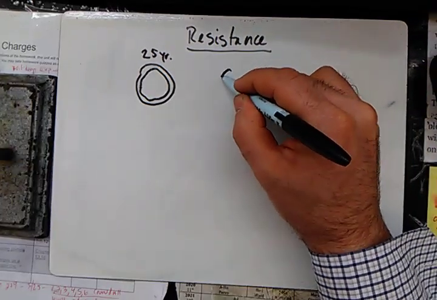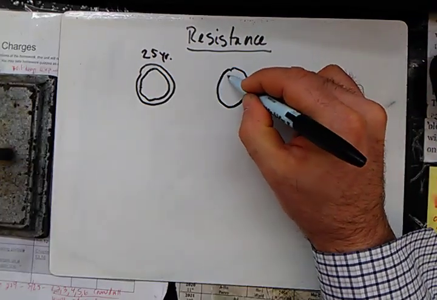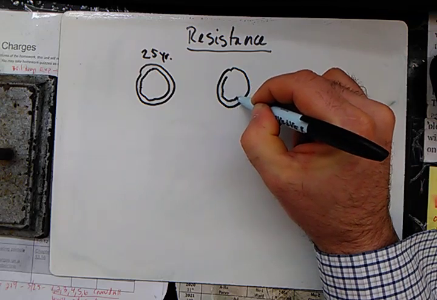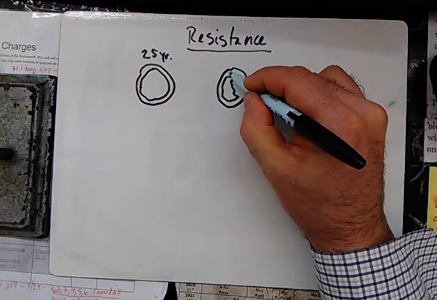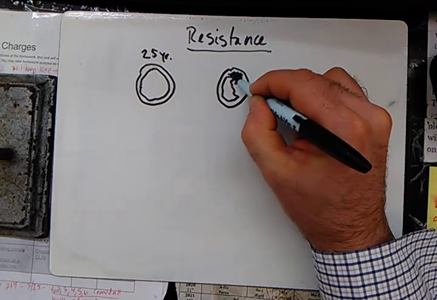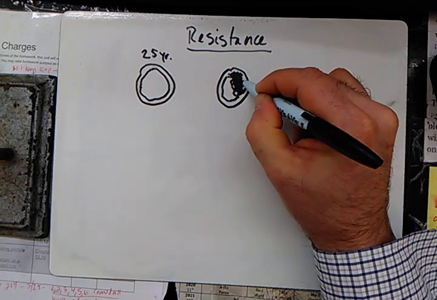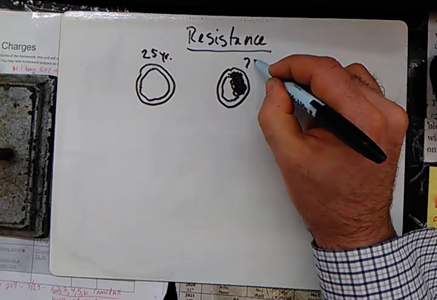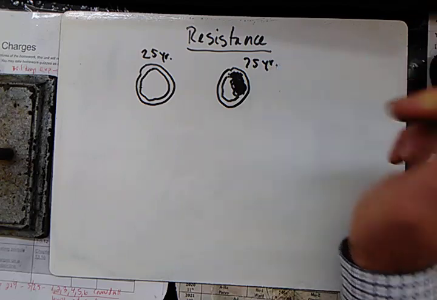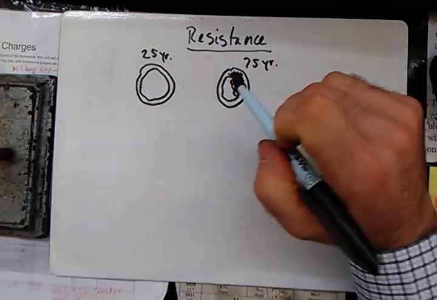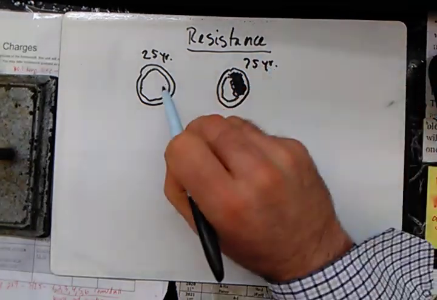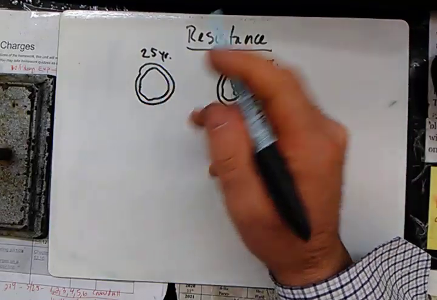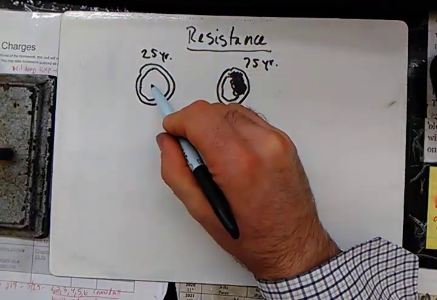Then I'm also going to draw a cross-sectional area of an artery of a 75-year-old. Okay, so in terms of electricity, we can think of electricity as the flow of a liquid.